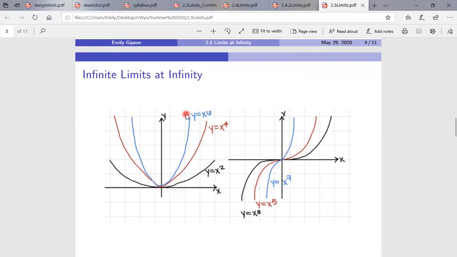Just like x to the fourth is steeper than x squared, x to the sixth is going to be steeper than x to the fourth. In these cases, as x approaches positive or negative infinity, our function approaches positive infinity.